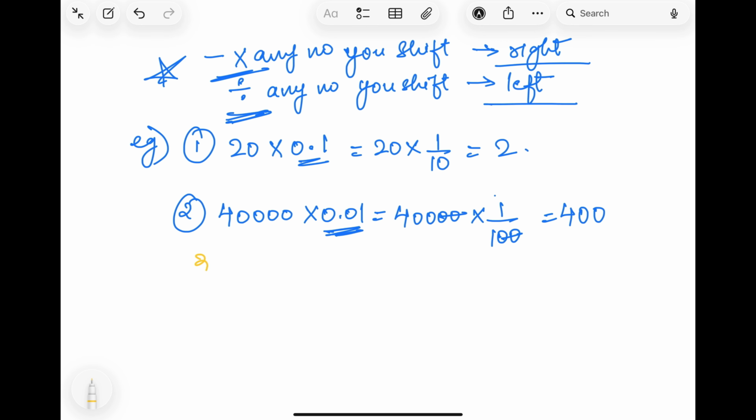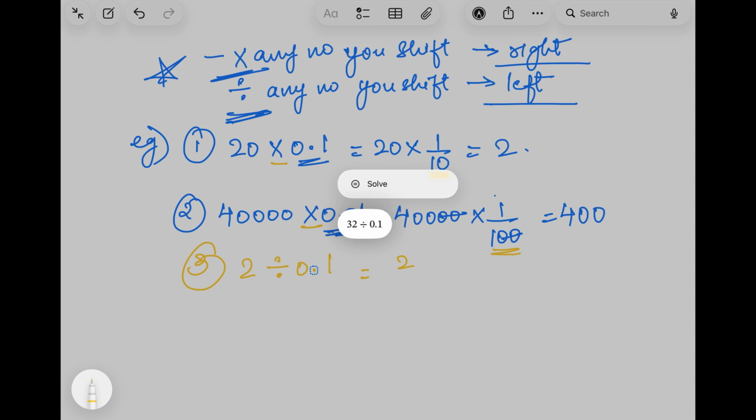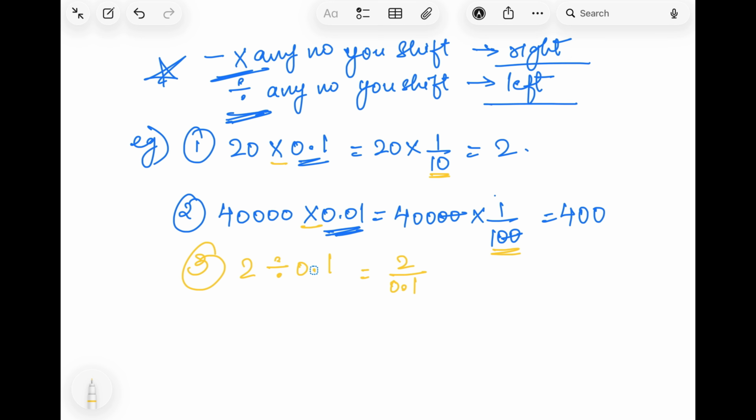Next, the third. Now we are doing division. This was multiplication. Now we are doing division. 2 divided by 0.1. How do we write it? 2 divided by 0.1. So when it is 0.1, what is the place value? 1 upon 10.